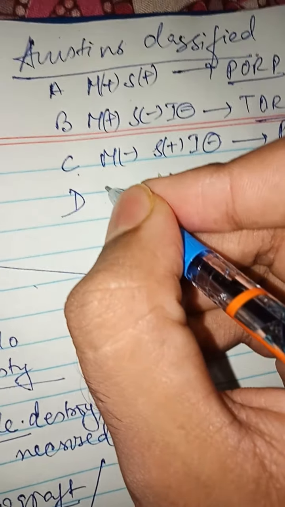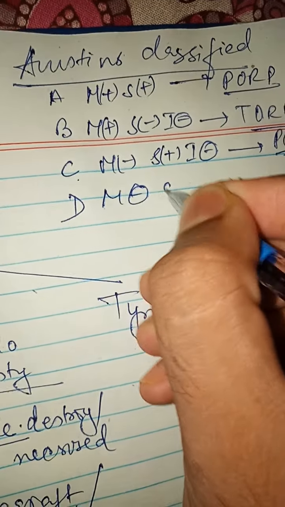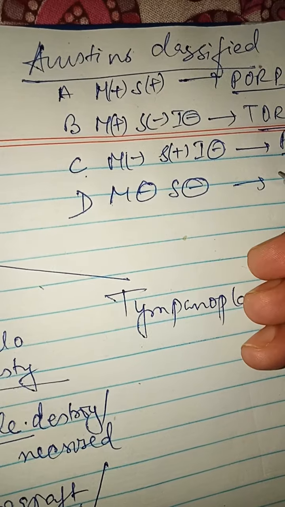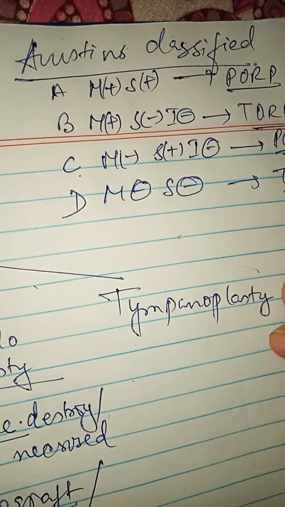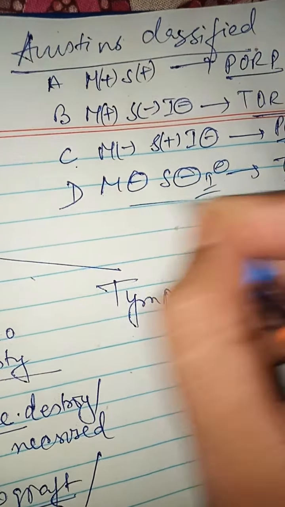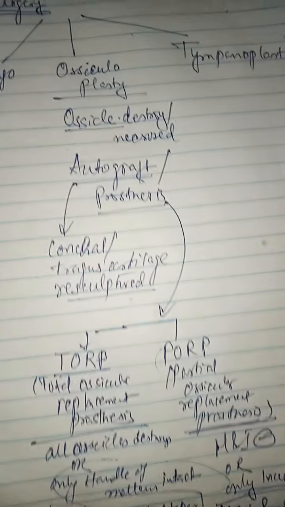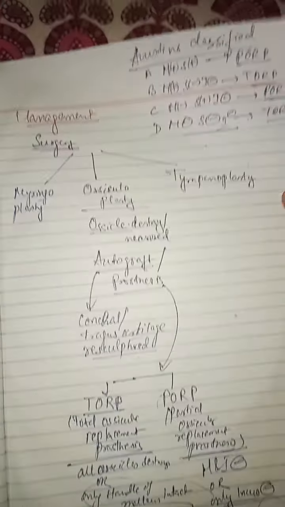Now if malleus is absent and stapes is also absent, incus is also absent, all are absent, you have to do TORP. So this is all about ossiculoplasty. In the next lecture I will talk about tympanoplasty and meatoplasty.